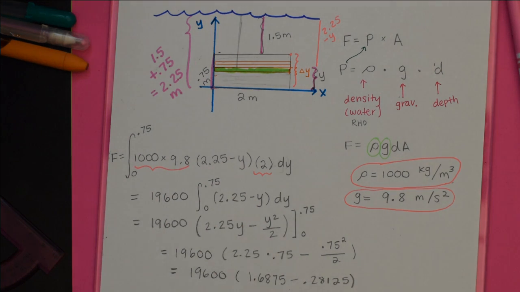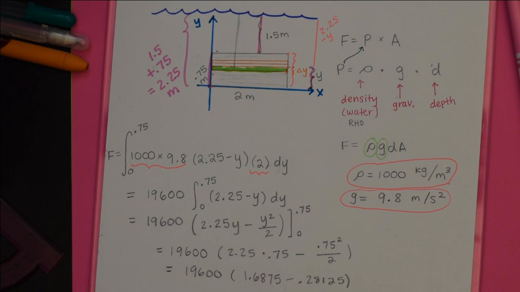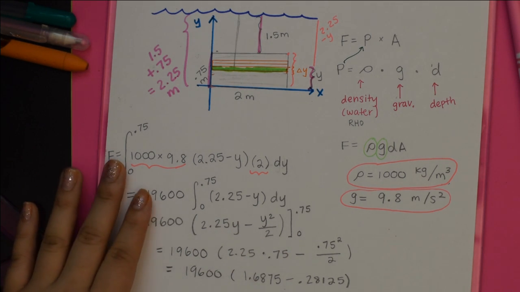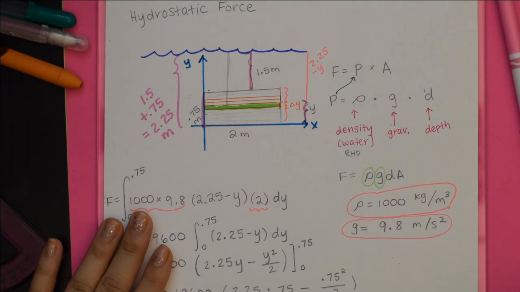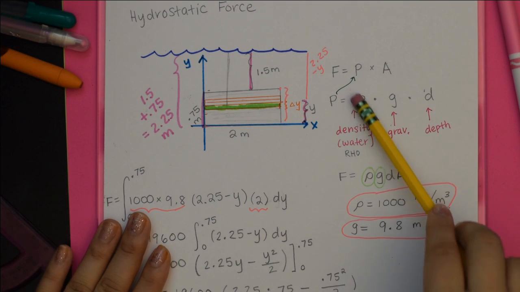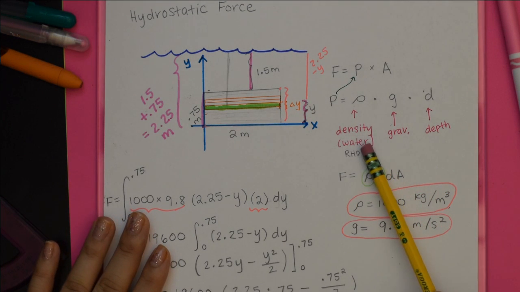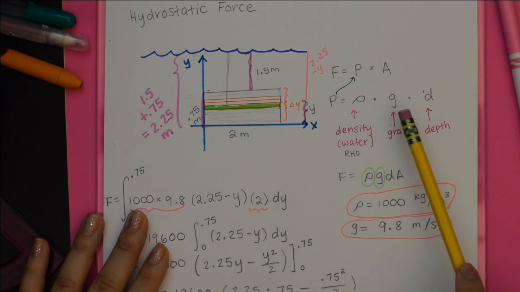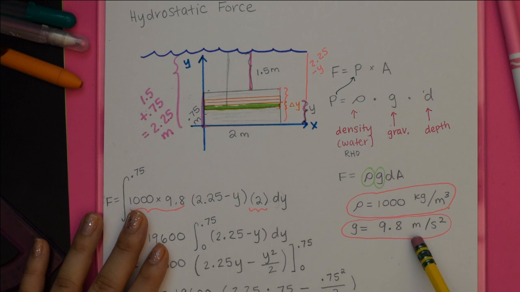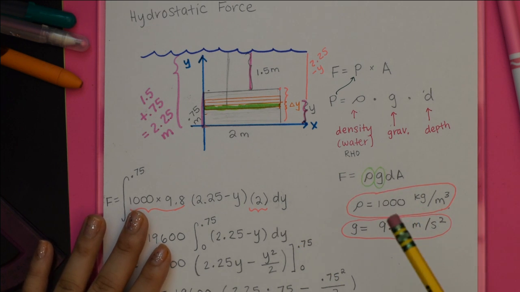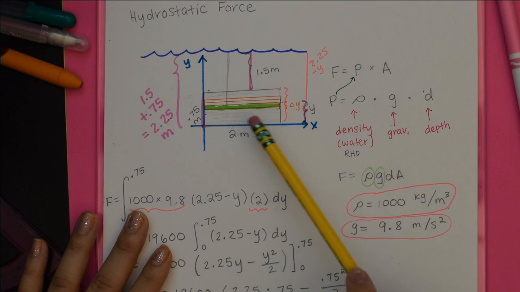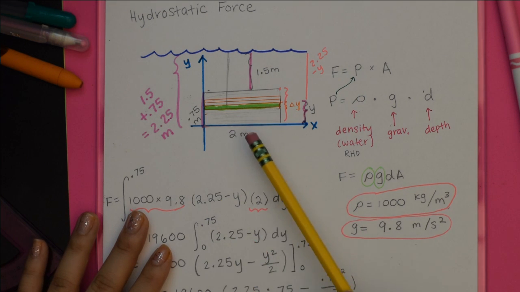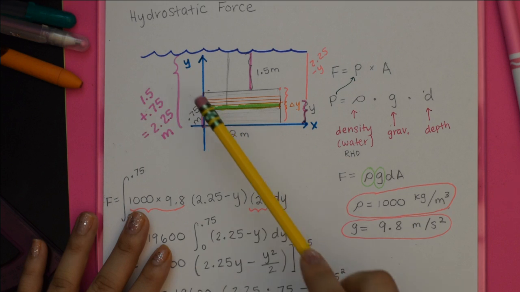Yeah, I think this is pretty good. I think we're on the right track here. Let me know if you notice anything really obviously wrong. But just remember that this density, usually it's water for these kinds of questions, but if not, the rho will usually be given. And g will be 9.8 if you're using meters, and I'll write down the conversions for feet in case you're given a different shape with, say, 2 feet by 3 feet.